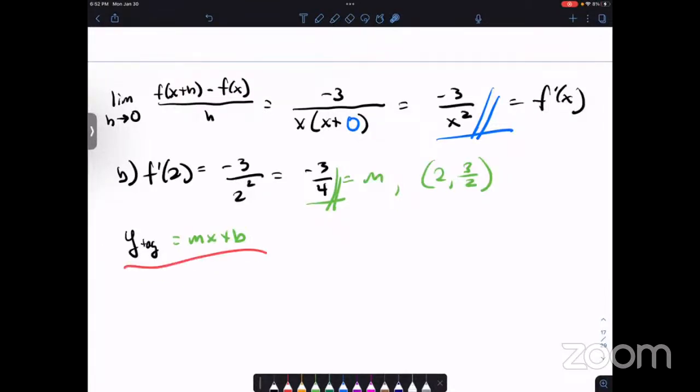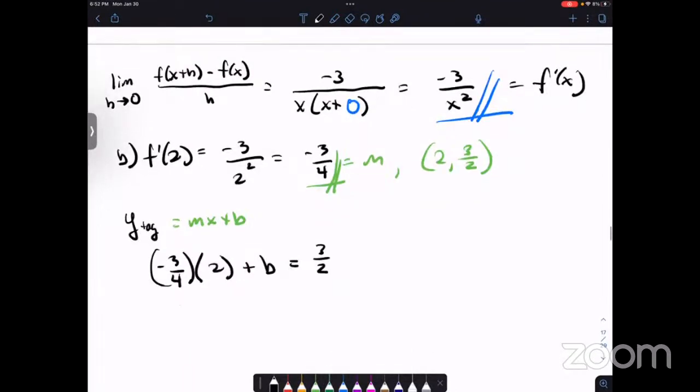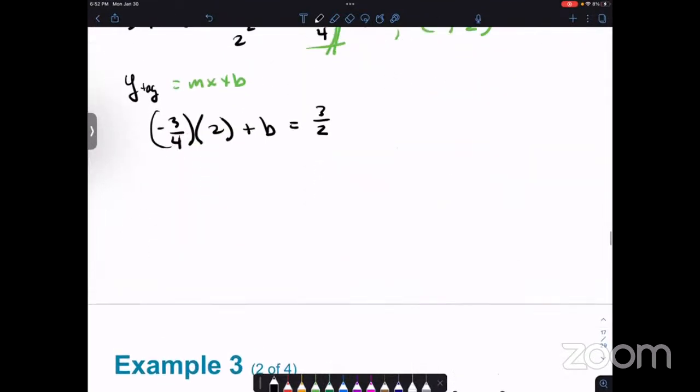So then let's plug in our components. Our slope is -3/4. Our x is 2, and we're trying to solve for the y-intercept. The corresponding y is 3/2. We have one equation, one unknown, so we can solve for b. You add 3/2 to both sides.